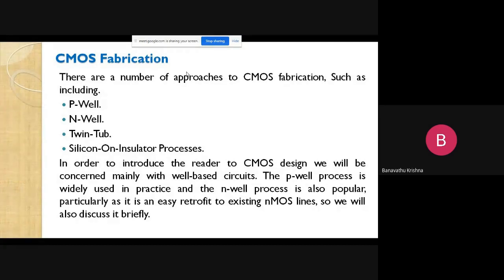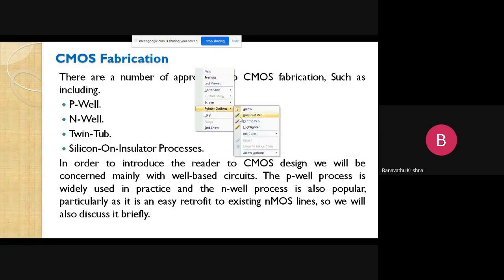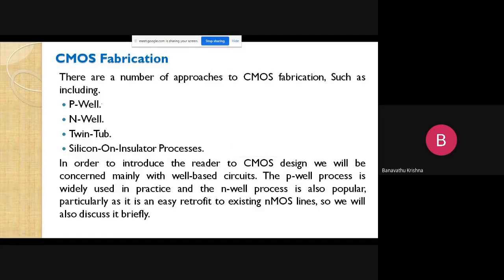So these are the steps. These are the basic concepts in the CMOS fabrication process: P-well, N-well, twin tub, and silicon on insulator process. But in this class, I am going to discuss the P-well process. In order to introduce the reader to CMOS design, we will be concerned mainly with well-based circuits.